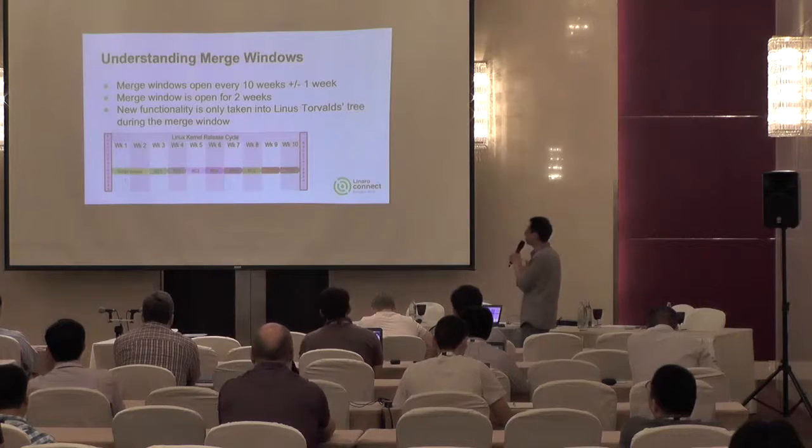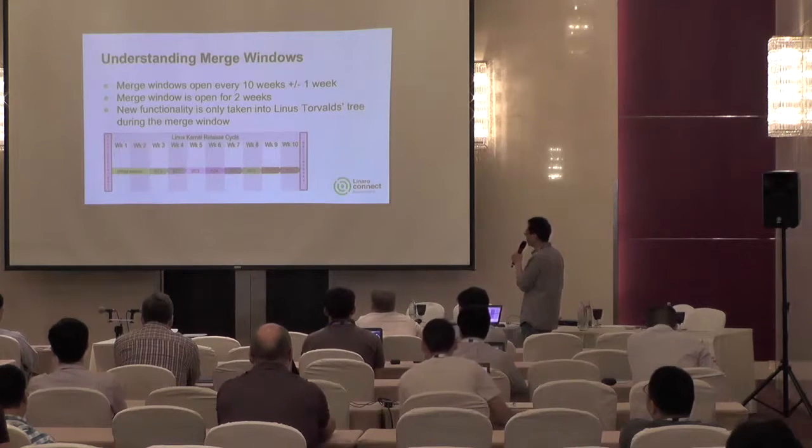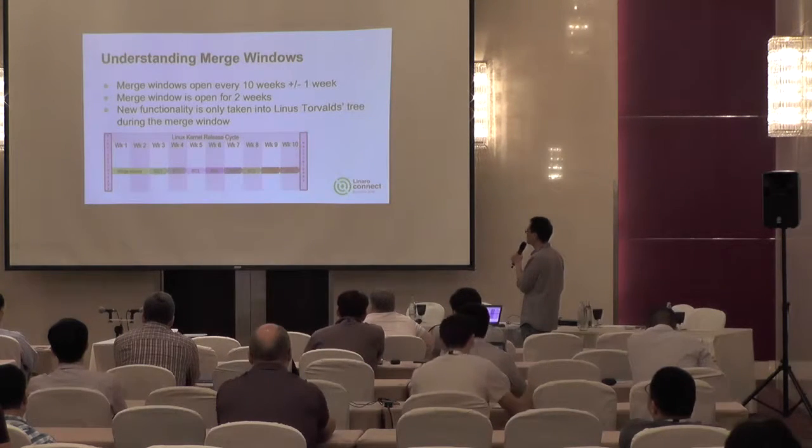So let's understand the merge window. This is quite important for us when upstreaming a patch to the Linux kernel. The merge window opens every 10 weeks, plus or minus 1 week, and is open for 2 weeks. In these 2 weeks, Linus will merge all the new functionality patches into his tree.